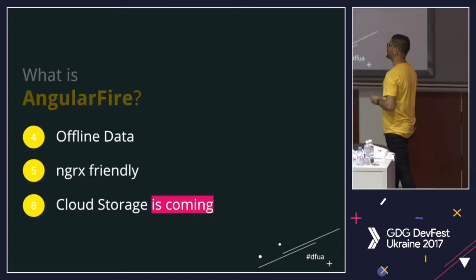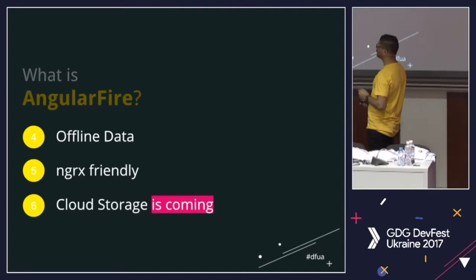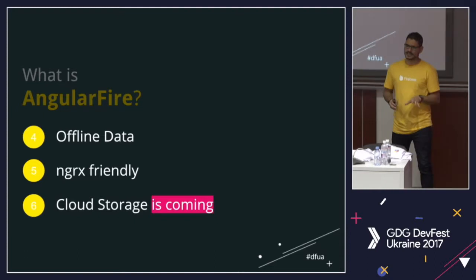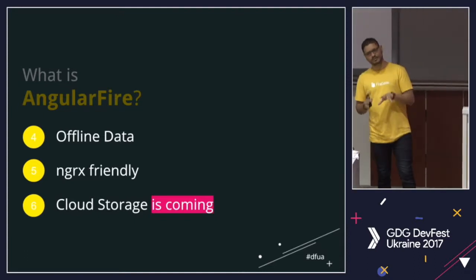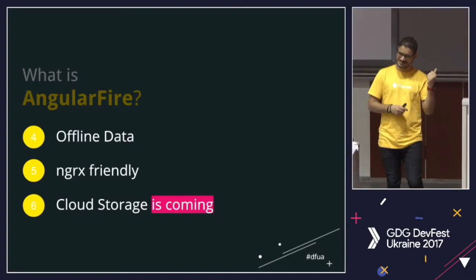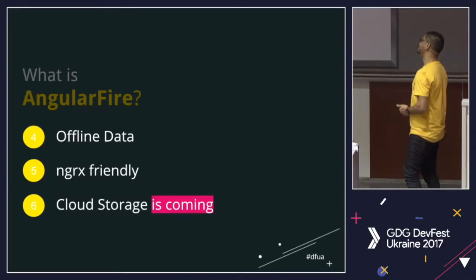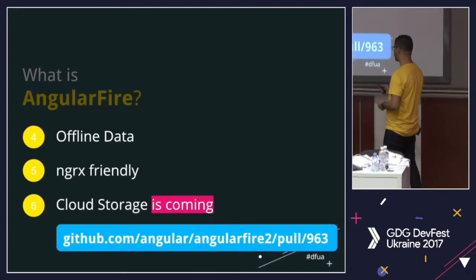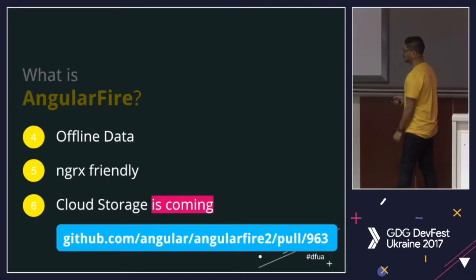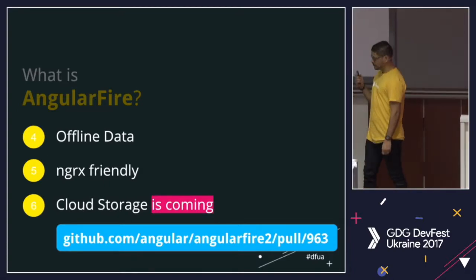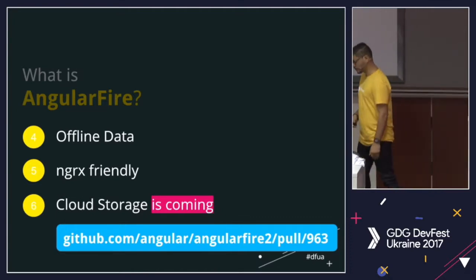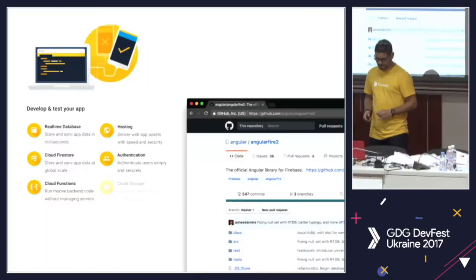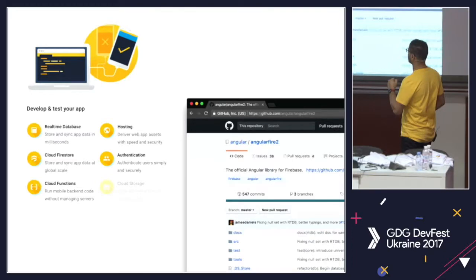And NgRx friendly, and cloud storage is coming soon. Hopefully not that soon as before. So we have this pull request already open related to cloud storage. So probably we are going to have this really soon, and this is going to be really nice.